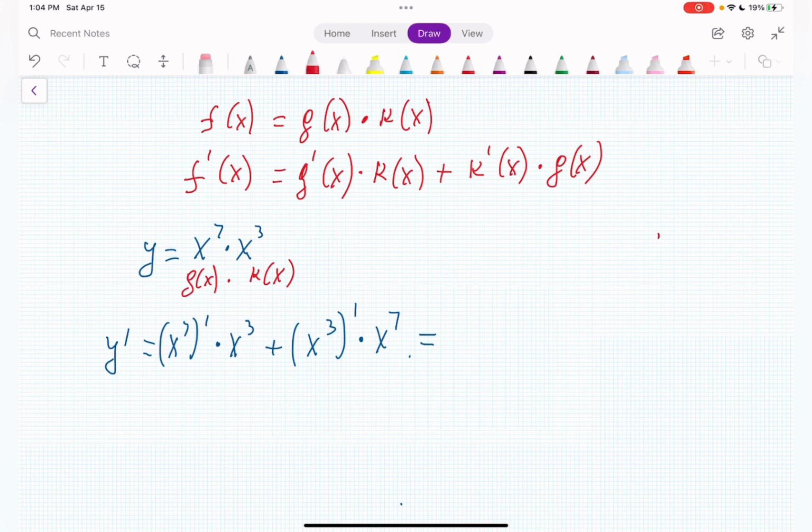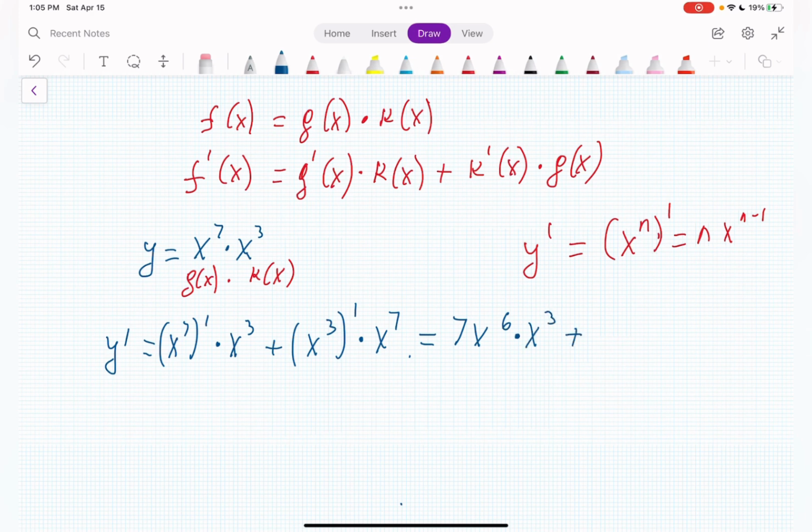Real quick, the derivative of x to power n is equal to n times x to power n minus 1. So x to power 7 gives 7 times x to power 6, 7 minus 1 is 6, times x cubed, plus the derivative of x cubed, which is 3x squared, times x to 7.